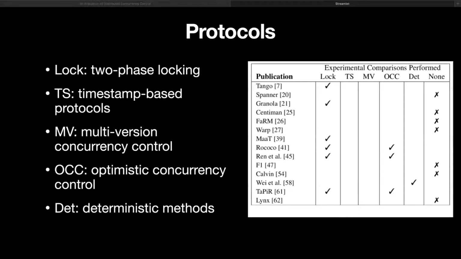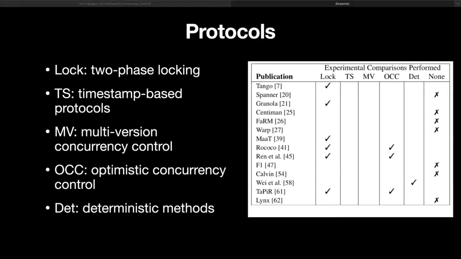So the problem that the authors try to raise in this paper is that they do a study of recent publications and look at what the protocol that the publication presented was compared against. As we can see from the table, only 6 out of the given papers compared against two-phase locking. 7 of them didn't compare against anything.